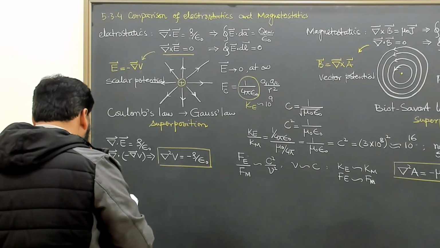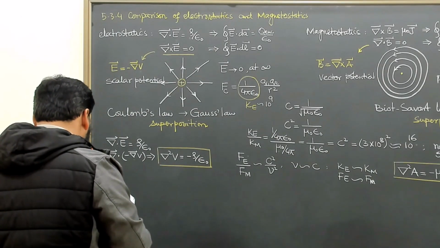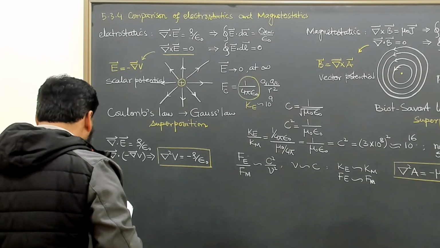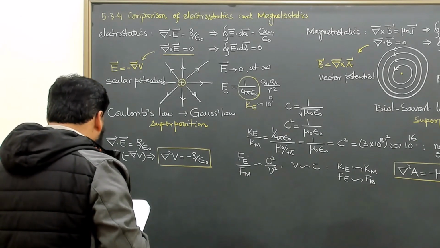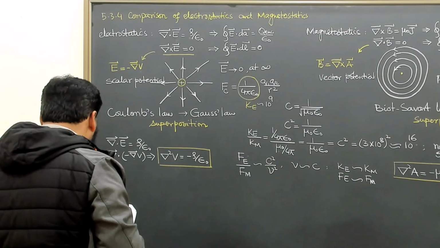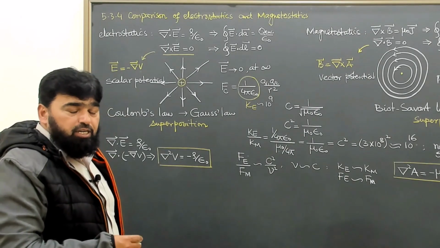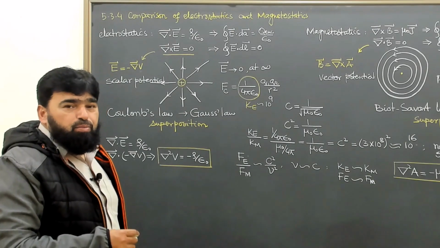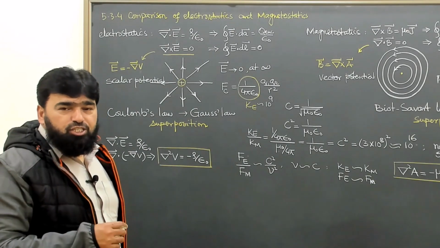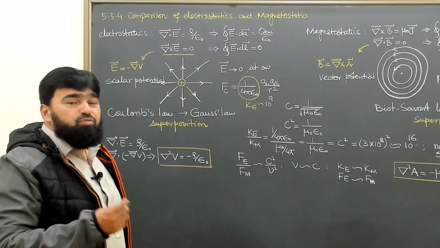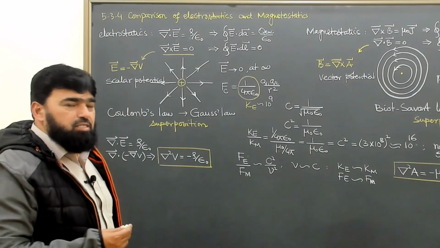Another thing that we can discuss here is that, from the field detection point of view, the electric field can detect stationary charges, but the magnetic field can't detect stationary charges. It only detects moving charges, meaning currents.